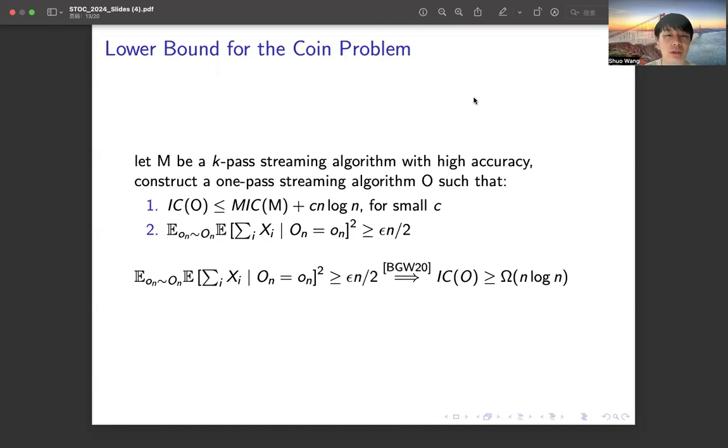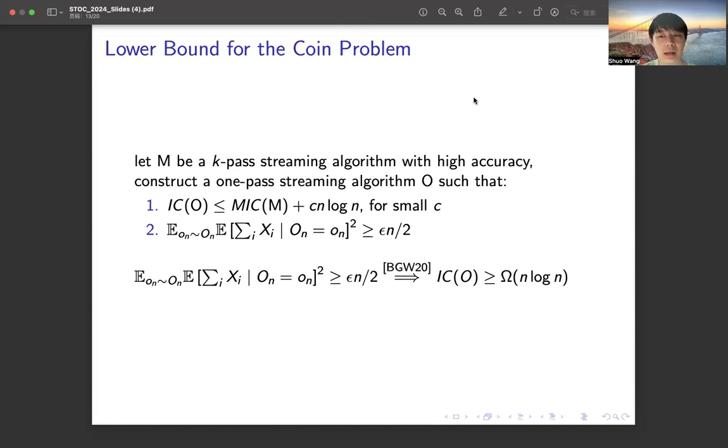We use M to construct a one-pass streaming algorithm O such that the one-pass information complexity of O is smaller than the multipass information complexity of M plus C times n log n for a small constant C. Here, intuitively, we use M to construct O, and we don't use much additional information in O rather than M.